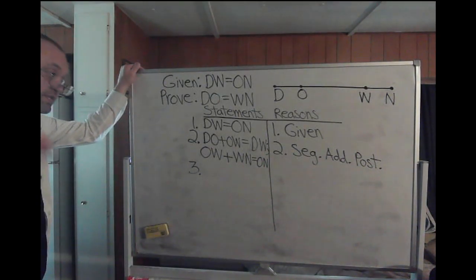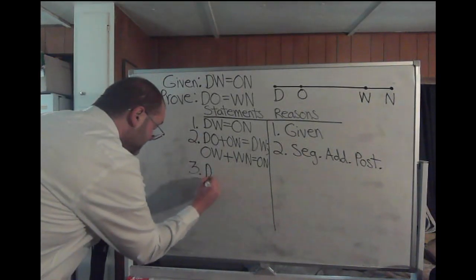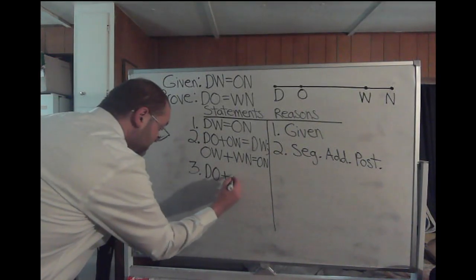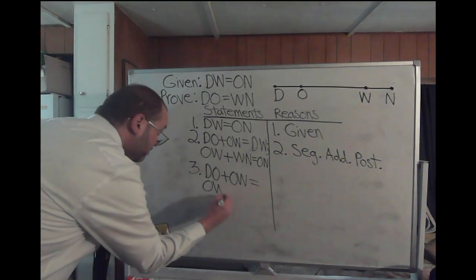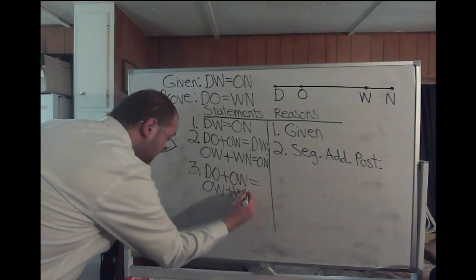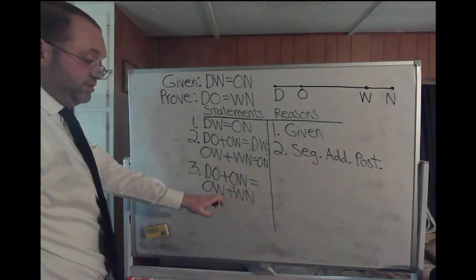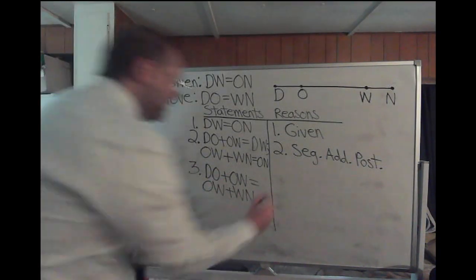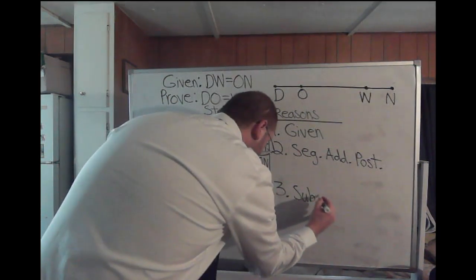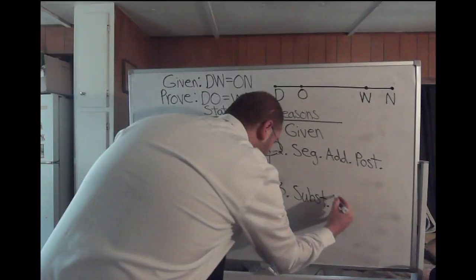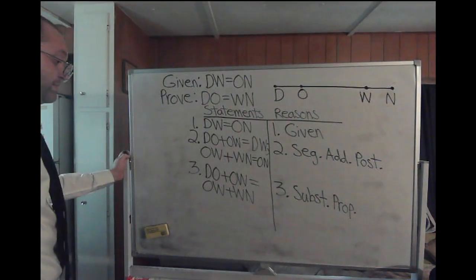So what we can do by the substitution property is we can set DO plus OW equal to OW plus WN. By the substitution property, we could set DO plus OW equal to OW plus WN. So step 3, you're going to use the substitution property. All right.